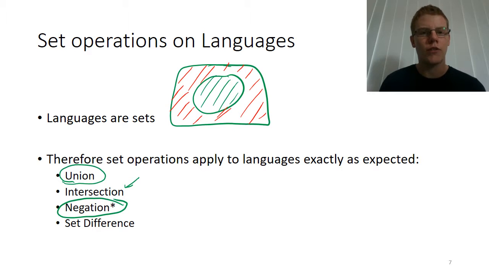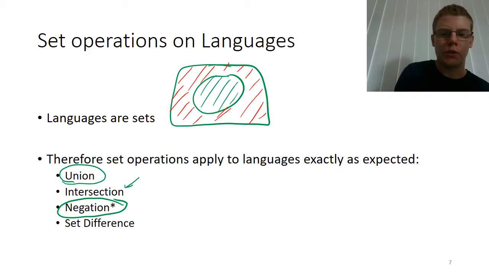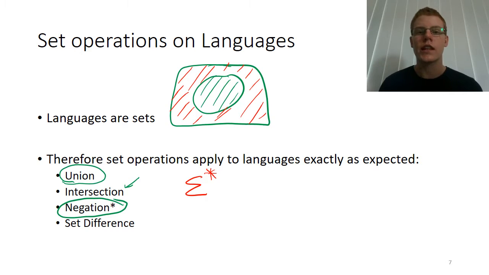Now, in the case of languages, the universe is the set of all strings that we can make using that alphabet. So whatever alphabet we need to use for the language, the negation of that language is all of the strings that can be made using that alphabet that do not occur in the language.